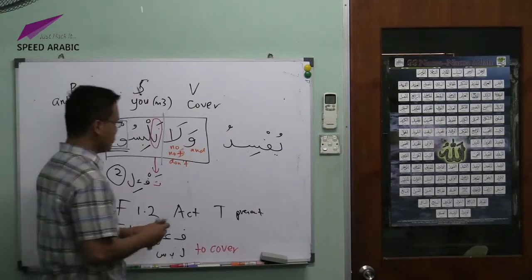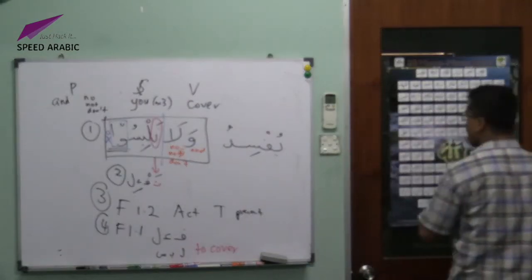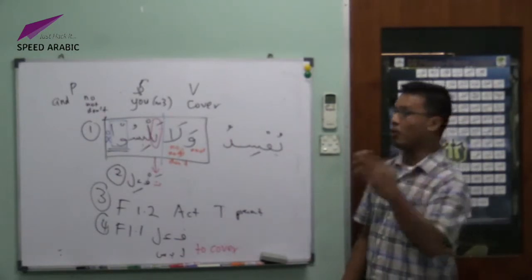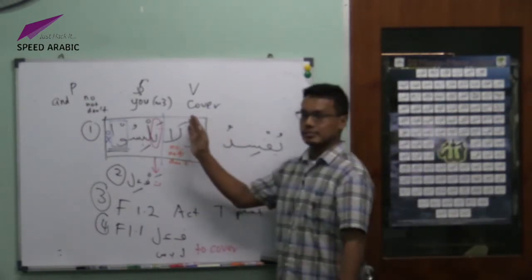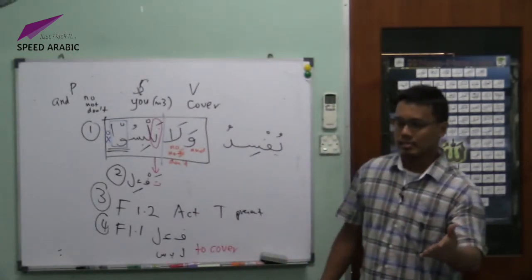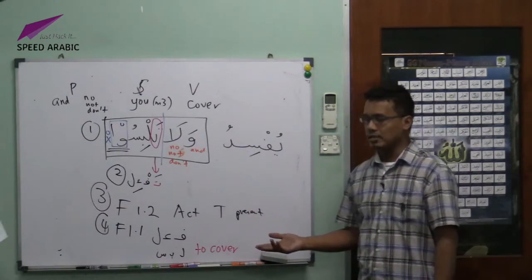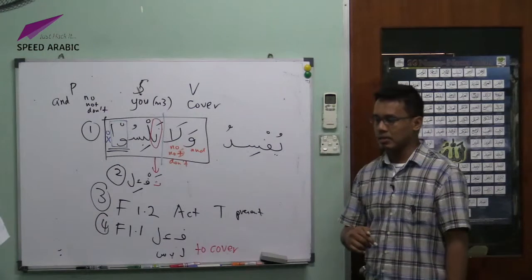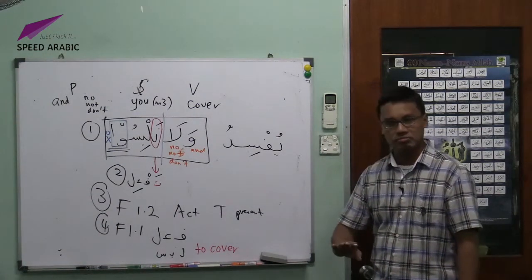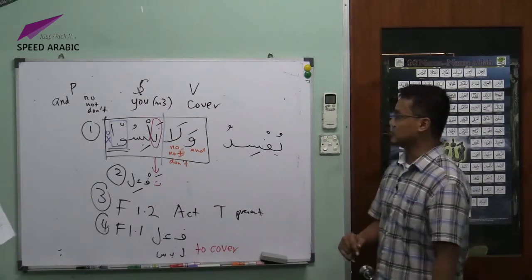So what is the translation for wala talbisu? And don't you all cover? In Malay: jangan kamu menutupi. The fuller verse is wala talbisul haqqa bil batil, and don't cover truth with falsehood. See that? You all don't cover truth with falsehood.